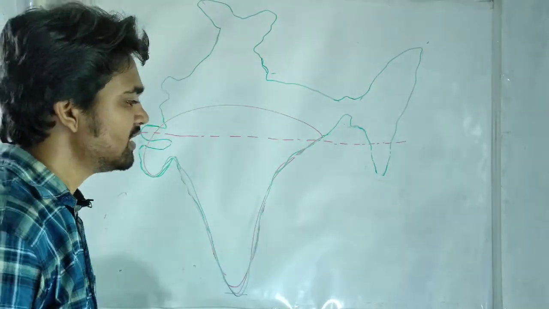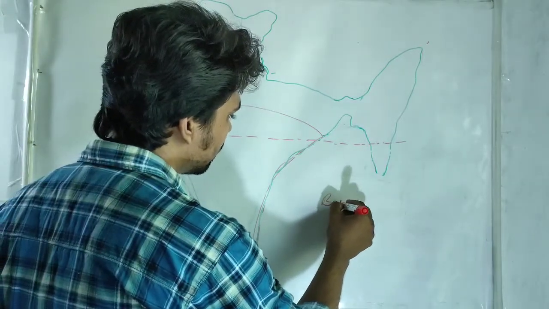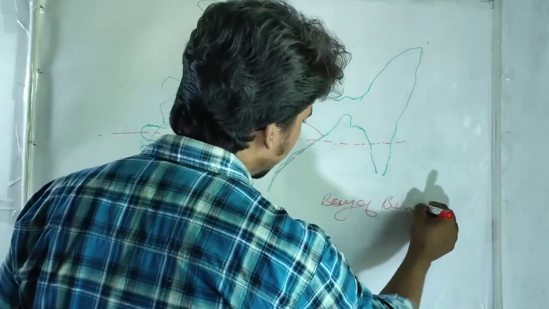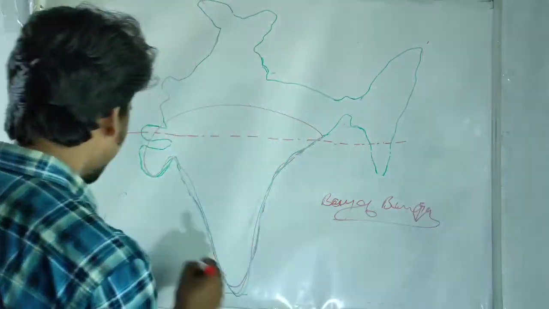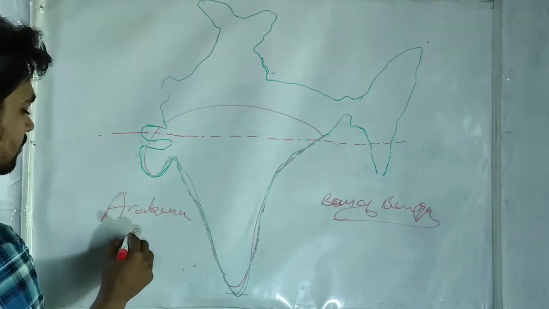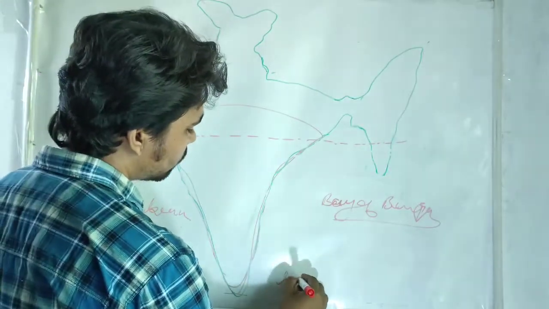On the eastern side, it is covered by the Bay of Bengal. On the western side, it is surrounded by the Arabian Sea, and on the southern side, it is covered by the Indian Ocean.